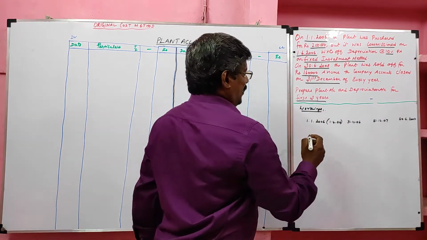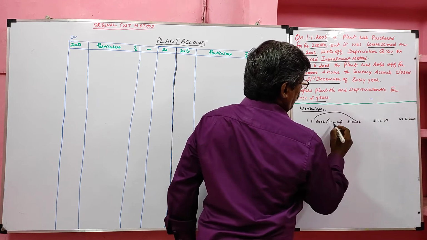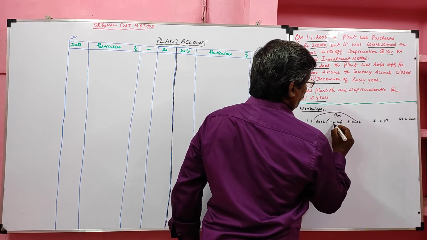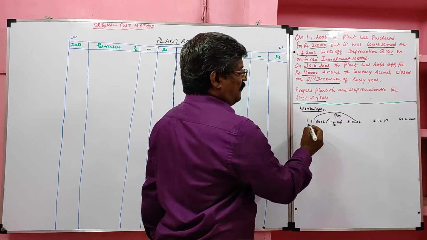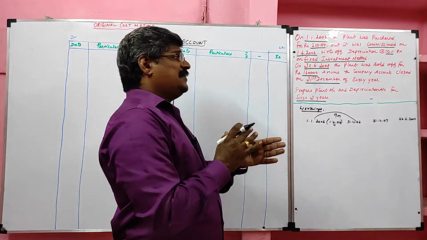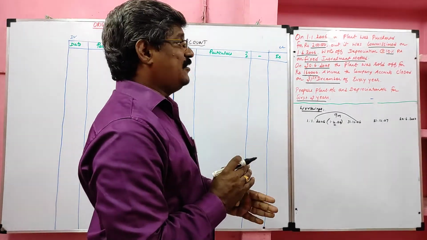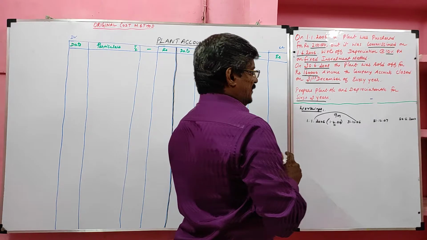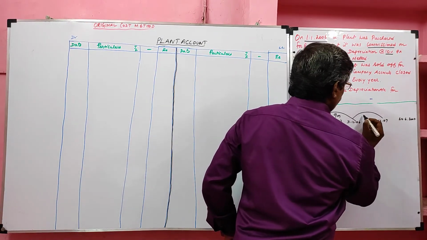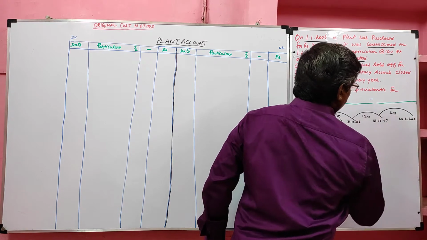So for the first year we should calculate depreciation for 9 months. We should calculate from the commissioned date, not from the purchase date. So if the commissioned date is given, we have to calculate depreciation from the date of commissioning, not from the date of purchase. Second year we used 12 months. Third year we used 6 months.